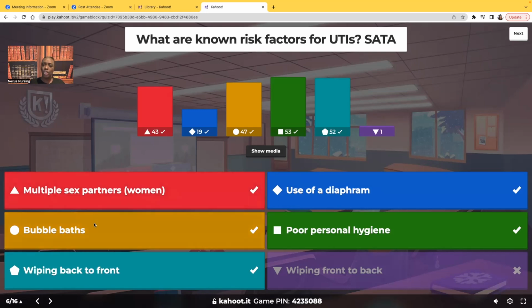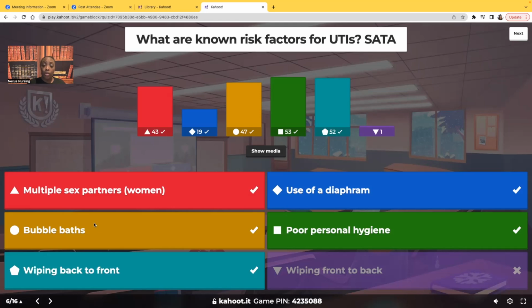Bubble baths. I want you to think about this. Think about all the germs and pathogens just sitting in the tub, right? Because you have to step in the tub with your dirty feet to take a bath. So now you're sitting in the tub, and those pathogens, those germs that were just sitting in the tub are now floating in that water. Guess what else is in that water?